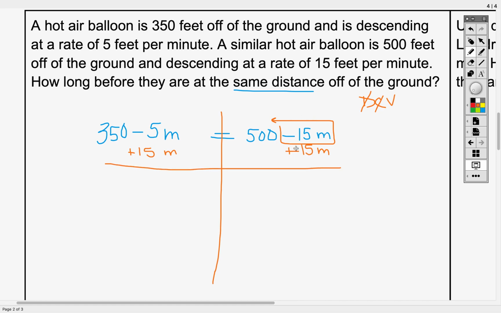This cancels out, so we are left with 350. And you're going to put into your calculator negative 5 plus 15, which is going to give you a positive 10m. Don't lose the operator, don't lose the variable. That's another thing that students have been doing, is dropping the variable. Equals 500.